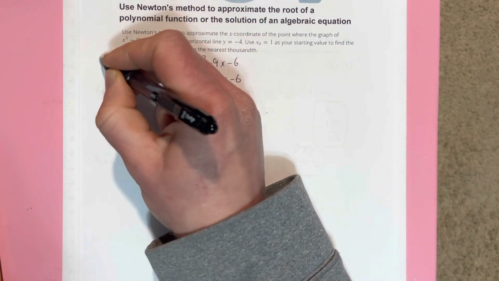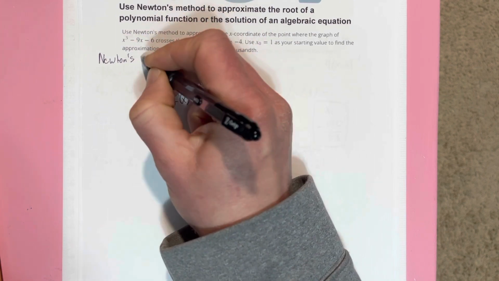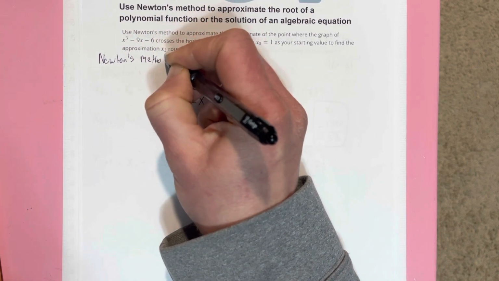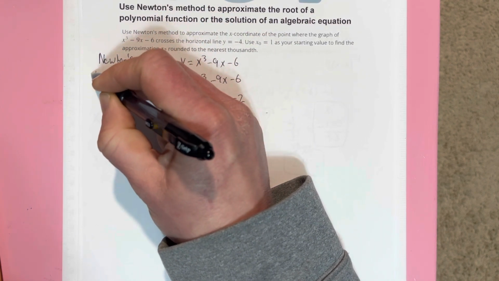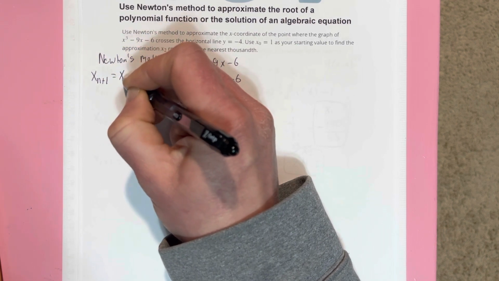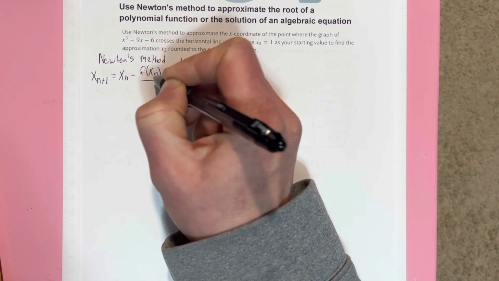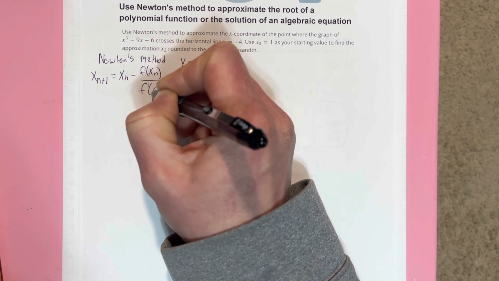And I'm going to write down what Newton's method is. So Newton's method is x sub n plus 1 is equal to x sub n minus f of x sub n over f prime of x sub n.